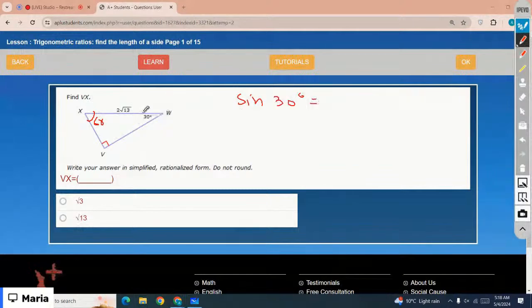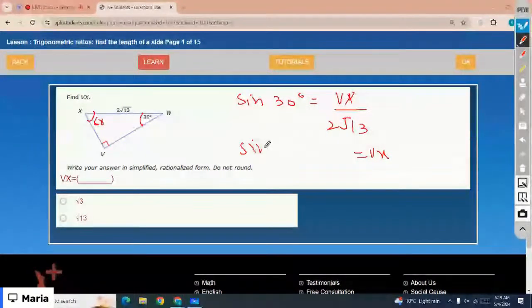That would be sine 30. Opposite is Vx and hypotenuse is 2 square root 13. So Vx equals sine 30 times 2 square root 13, right?